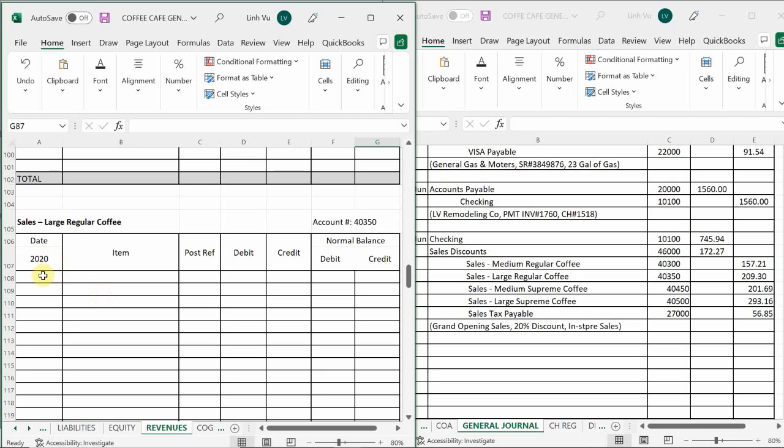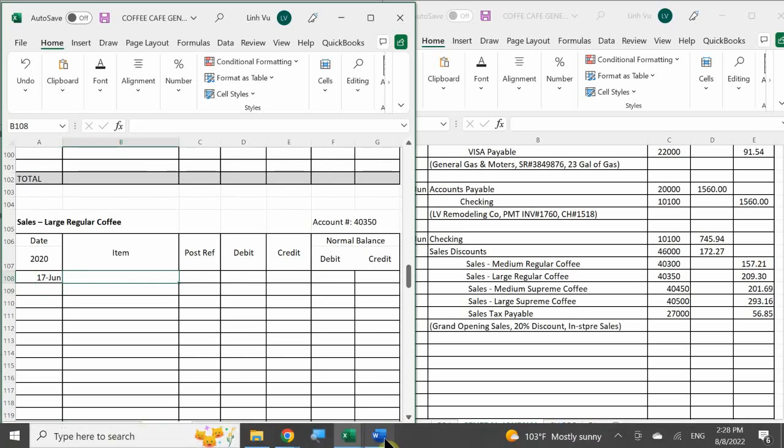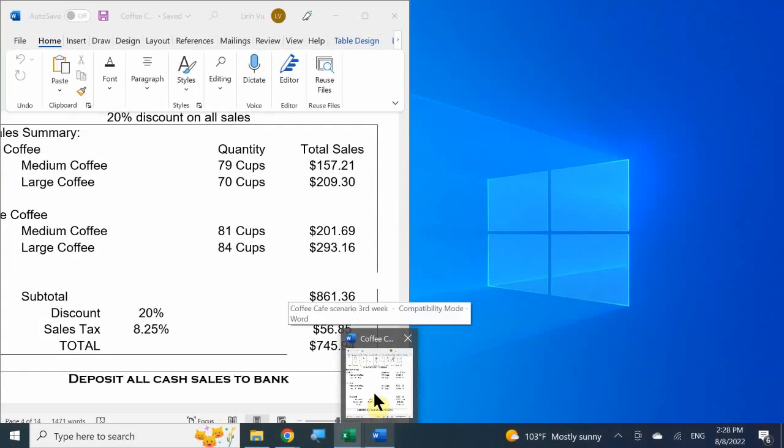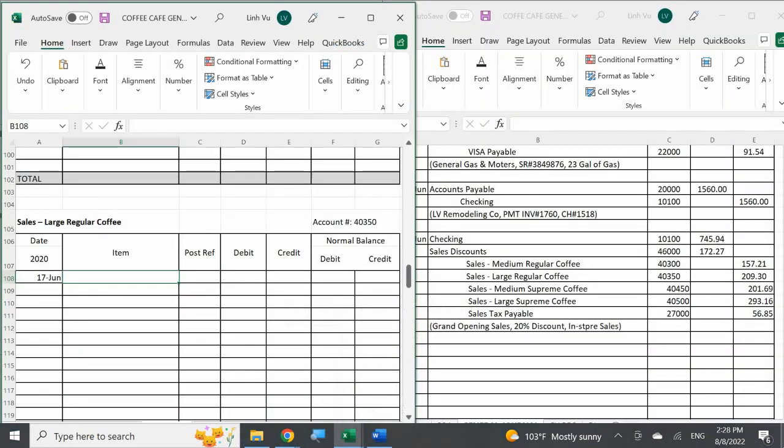I forgot to look and see how many they sold. 70. And the amount there is 209.30.